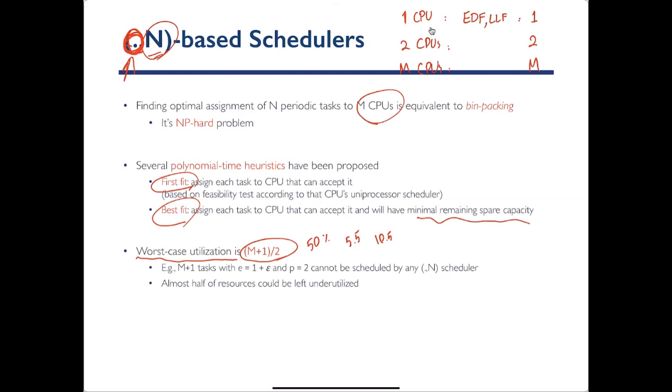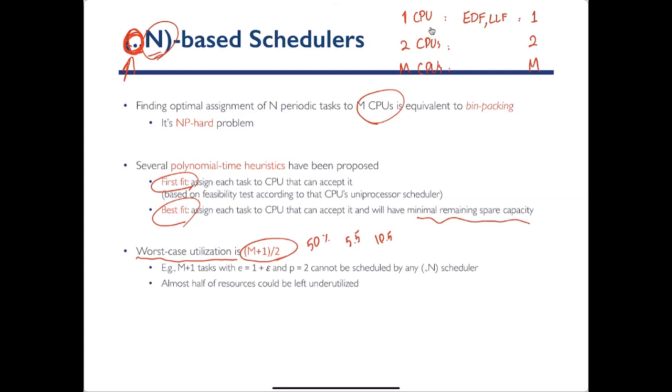Your capacity is 20, but this bound is 10.5. That's about 50%. So you can show that there are task sets with (m+1)/2 total utilization that cannot be scheduled on a system with m CPUs if you don't allow migration. And it's easy to see. I'm not going to spend time to prove it to you, but basically this shows that preventing migration is going to lower your maximum utilization for certain task sets.